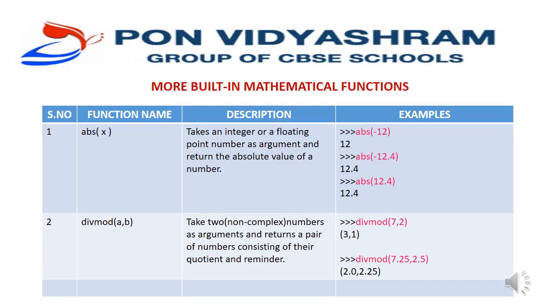Now you may have a doubt about floating numbers. For that I have given a second example, divmod of 7.25, 2.5. The same process is done for the floating data type also. It divides 7.25 by 2.5, so that time we'll get the quotient as 2.0 and the remainder as 2.25.